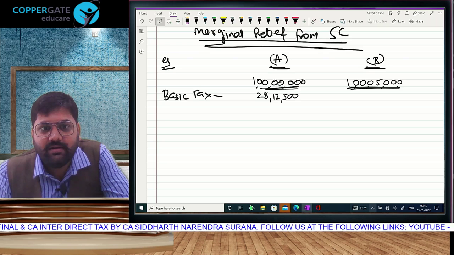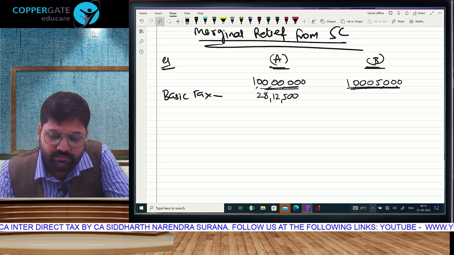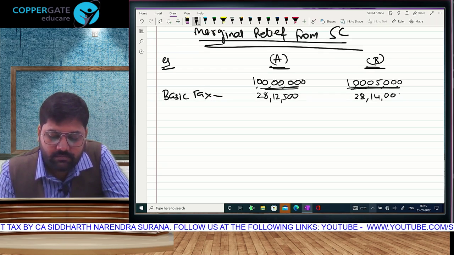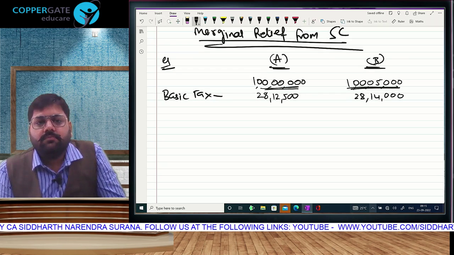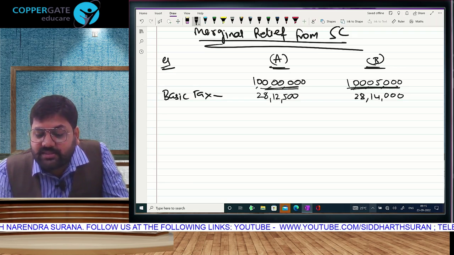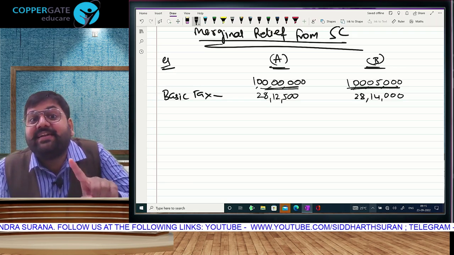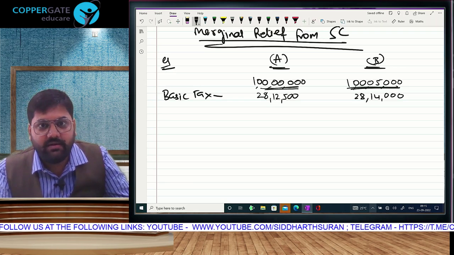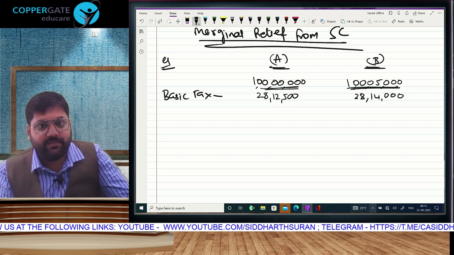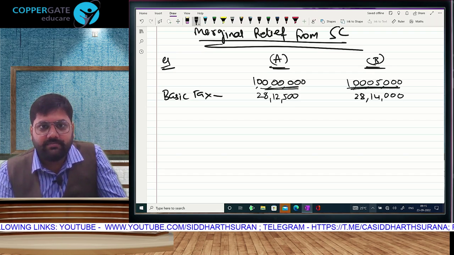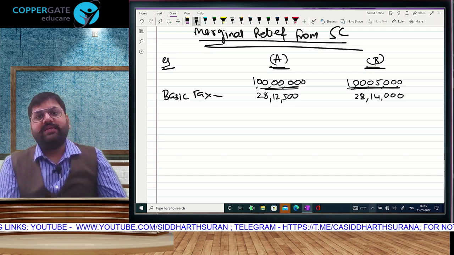Correct? And case 2. You understand that this time you did 30% of 90 lakh 5,000. 90 lakh 5,000 ka 30% plus 1 lakh 12,500. Correct?